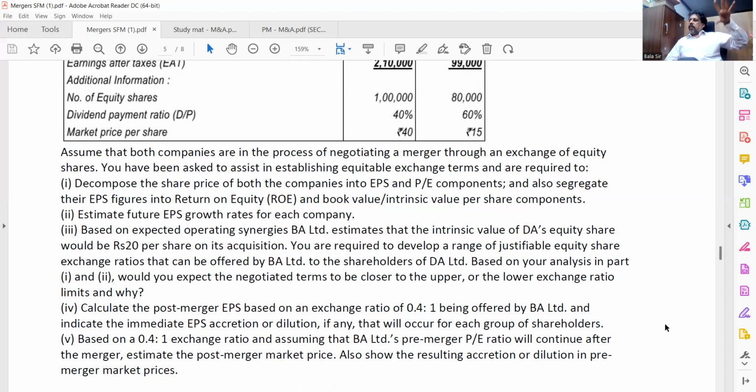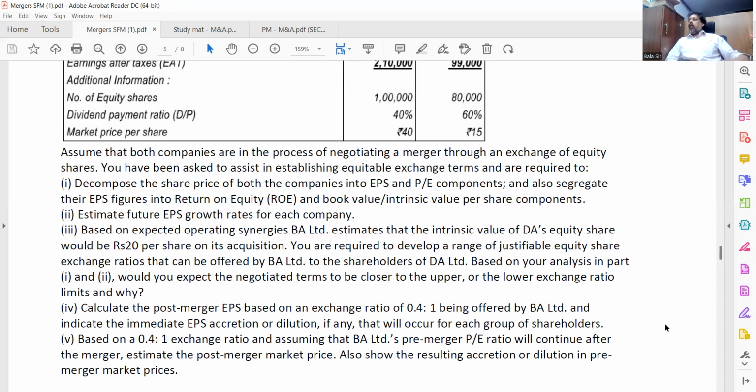You can just ignore these words, decompose. And then what is the next word given? They're given decompose the share price into EPS and PE, and segregate. They use the word segregate the earnings per share into the return on equity and book value per share.